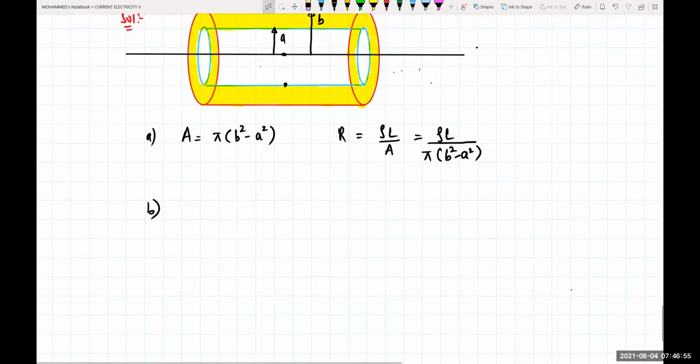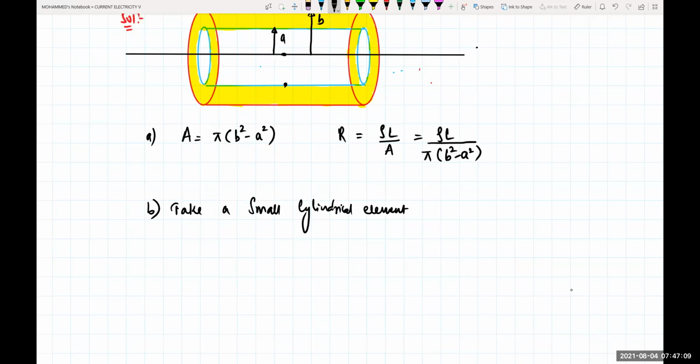What we need to do is take a small cylindrical element of radius, say, R, and thickness dr. So you are taking a cylindrical shell.